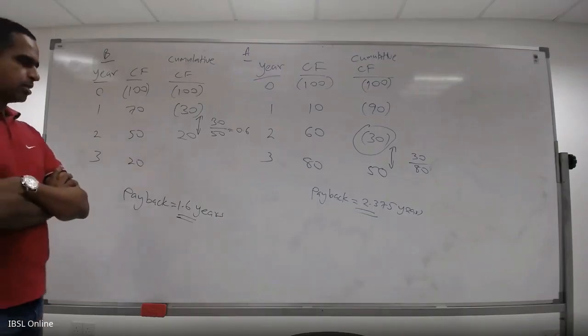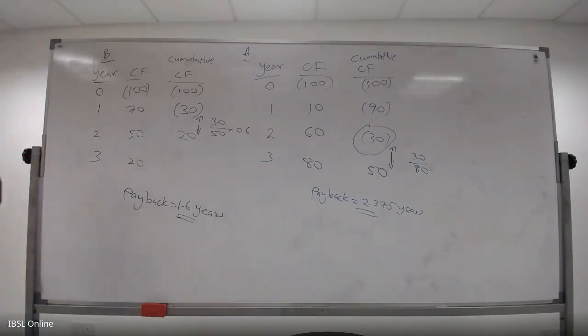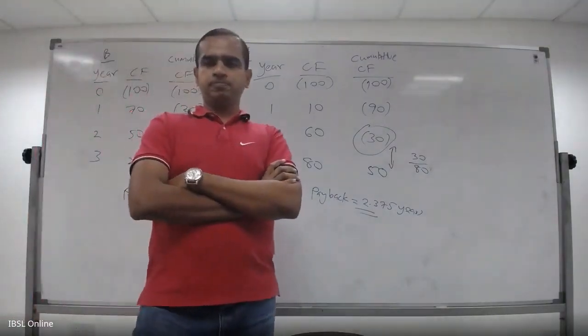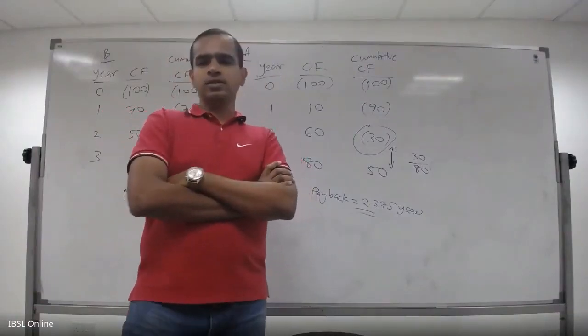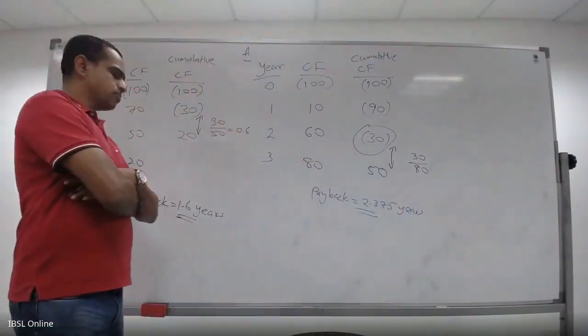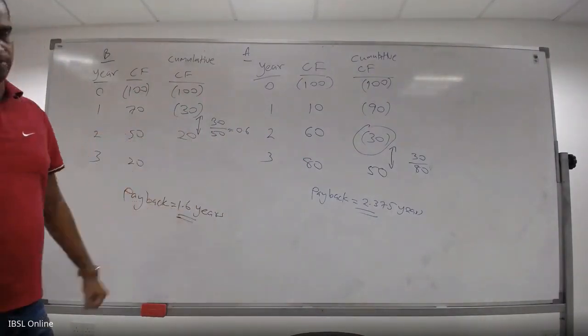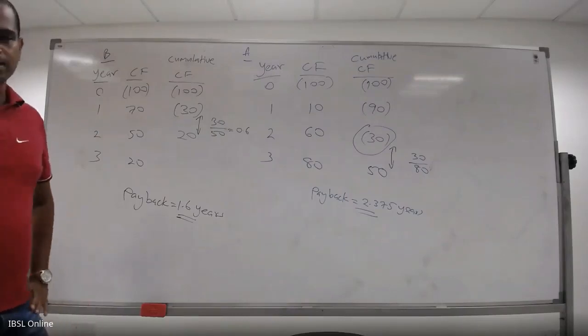Yes, you're right. You will select B. If they are mutually exclusive, you can only select one, and if you select one, you cannot select the other. So you will go for B. Reason is, as you rightly said, it has the lower payback period.